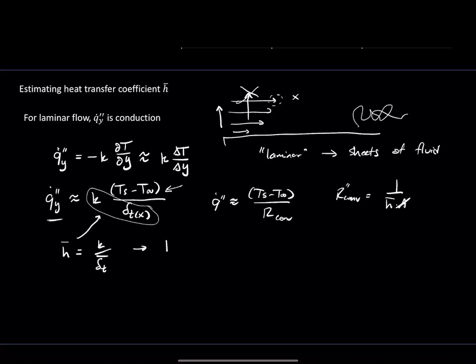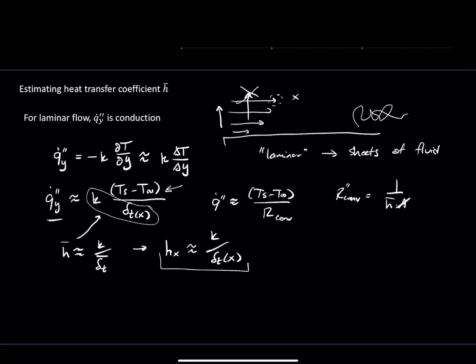Or what we can say is, I'm actually just going to compute the heat transfer coefficient h at some coordinate x. And so that's going to be approximately equal to k over delta T at whatever the coordinate x is that we care about. So this is maybe our first insight to what we actually mean by heat transfer coefficient. The heat transfer coefficient is a relationship between the fluid properties and the boundary layer thickness.